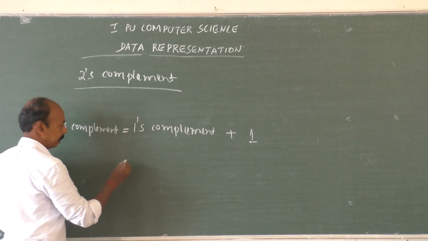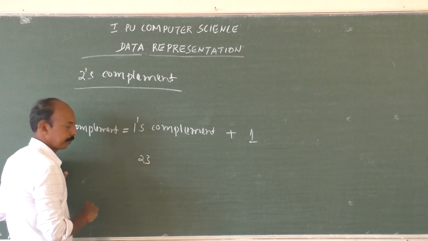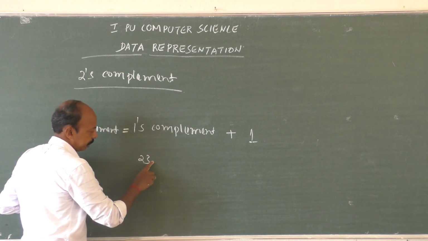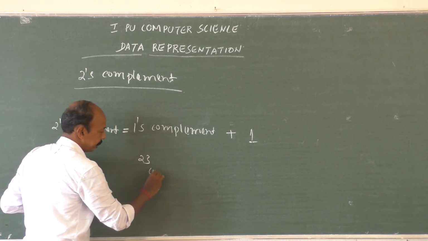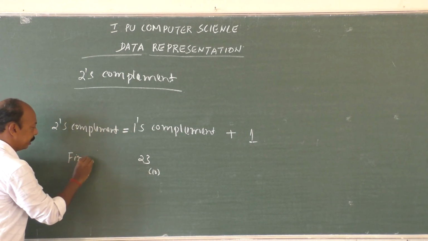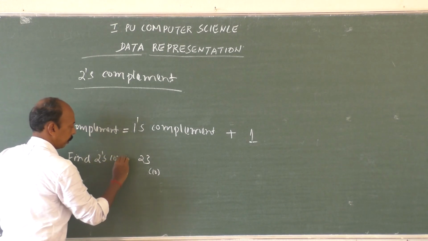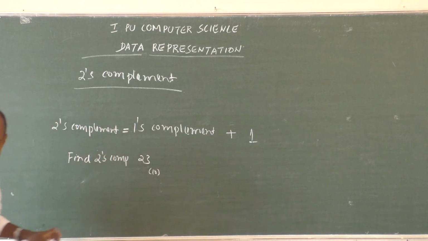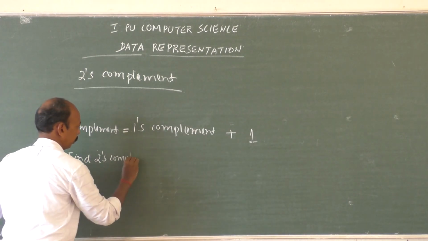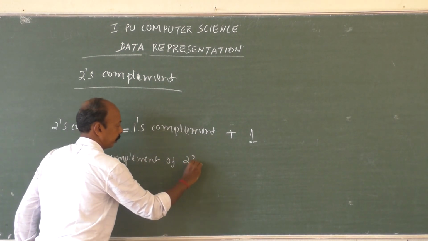Suppose the given number is 23. Now what to do? First get the number in binary. This is in the base 10. The question may be like this: find the 2's complement of 23.